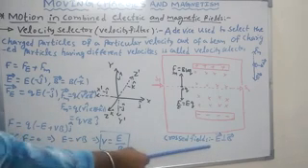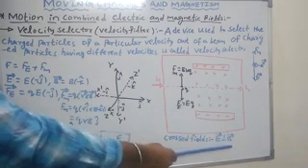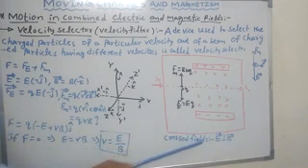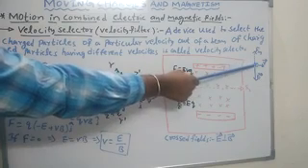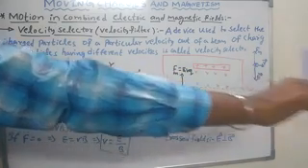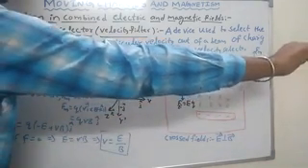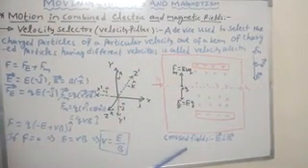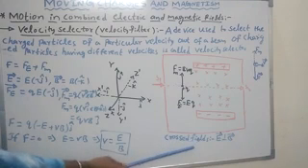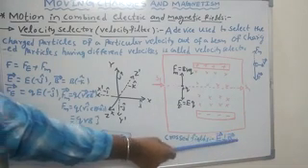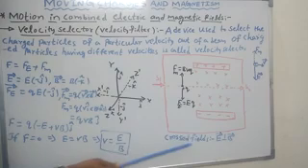What is meant by crossed fields? If the electric field and magnetic field are perpendicular to each other, that is called crossed fields. The electric field is along the negative y-axis and the magnetic field is perpendicular into the board, so this is termed crossed fields. I hope you understood.